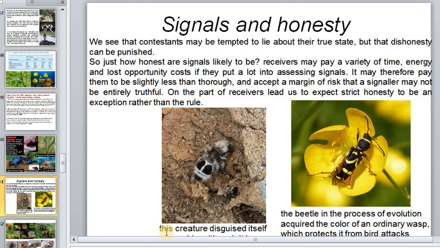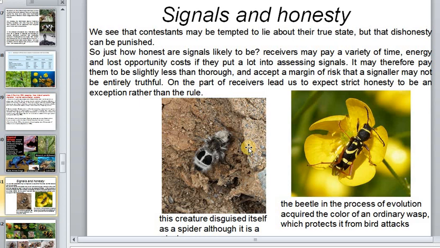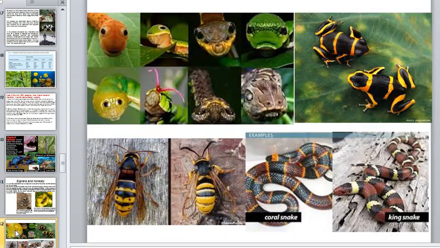And here we see a bug which looks like a spider. For example, this beetle in a process of evolution acquired the color of the original wasp, which protected it from bird attack. There are a lot of examples with this wasp's color and even a snake's color, like a coral snake, which is very poisonous.